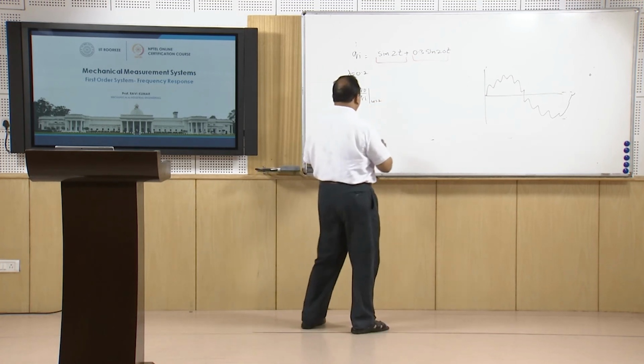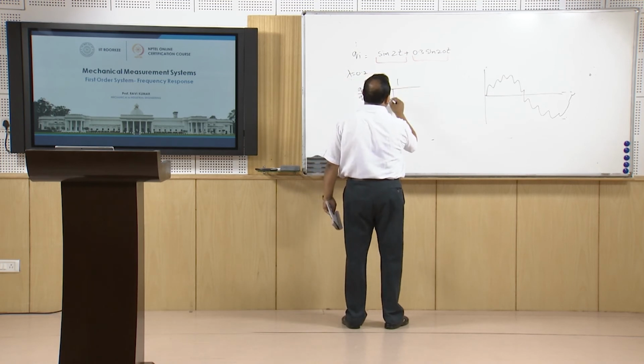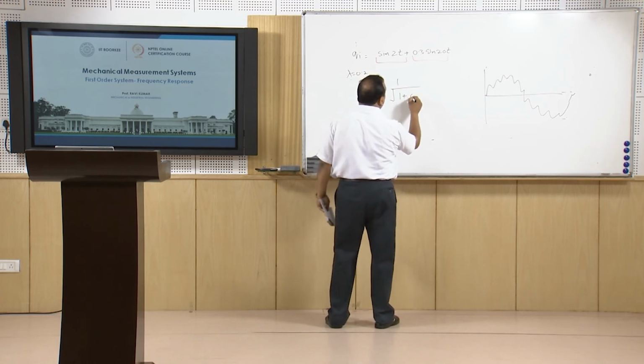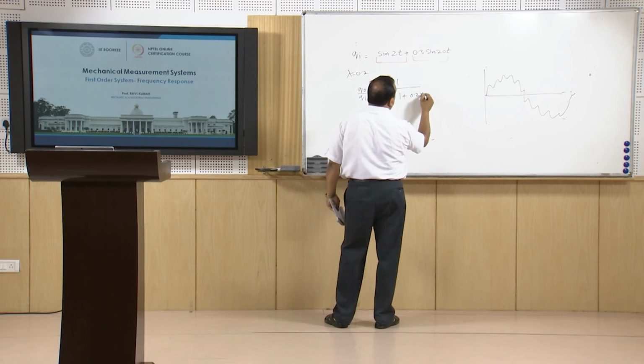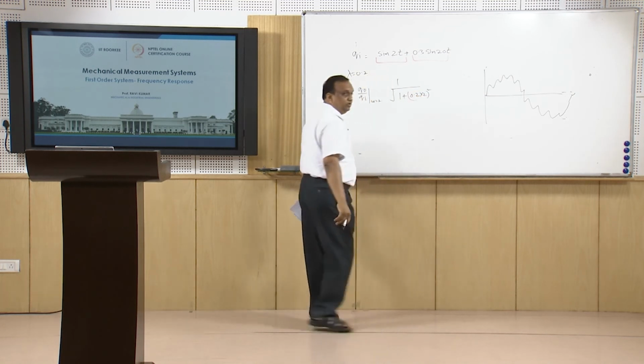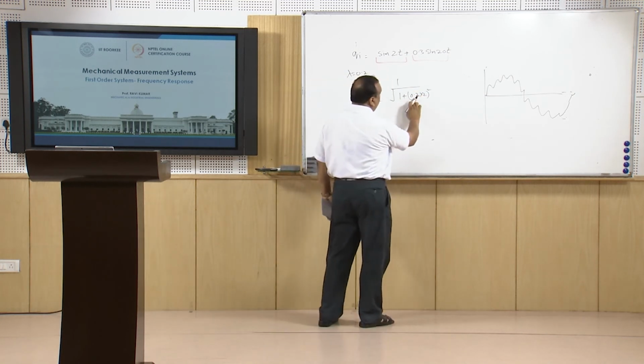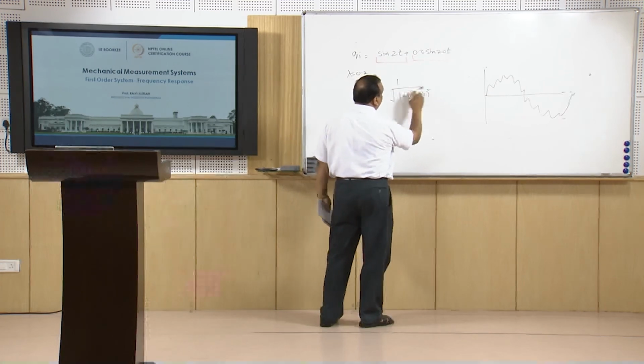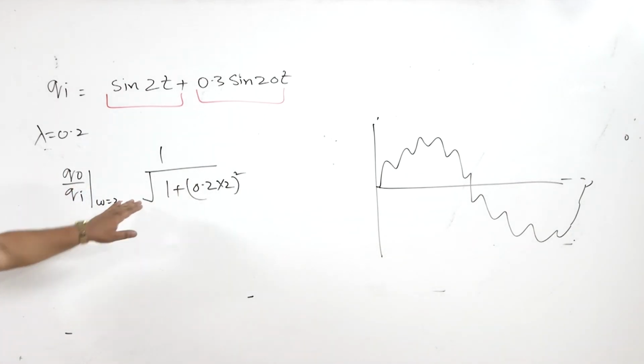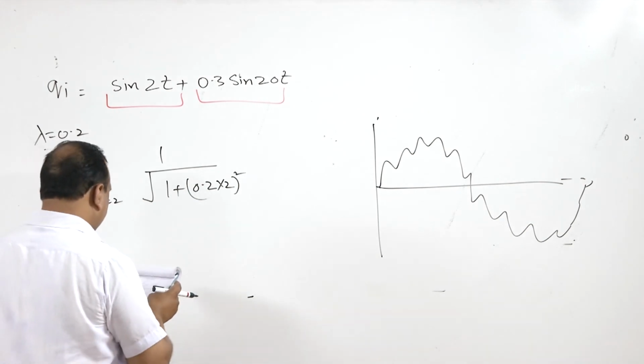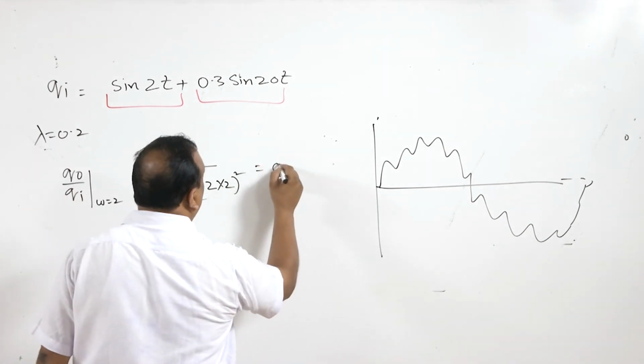The amplitude ratio is going to be 1 by the square root of 1 plus (lambda is 0.2, omega is 2) whole squared, because it is 1 by the square root of 1 plus (omega lambda) whole squared. If we solve this, we get 0.93.